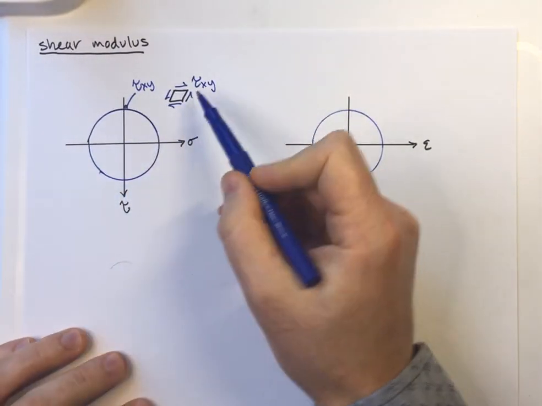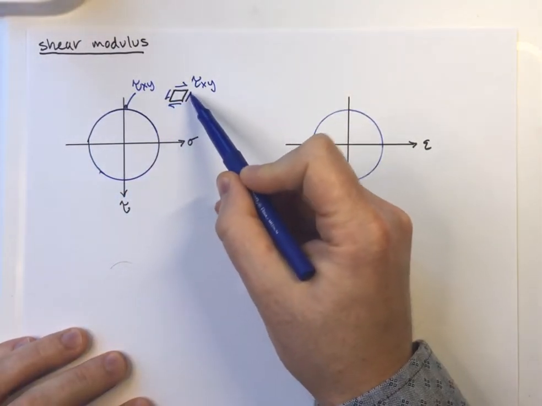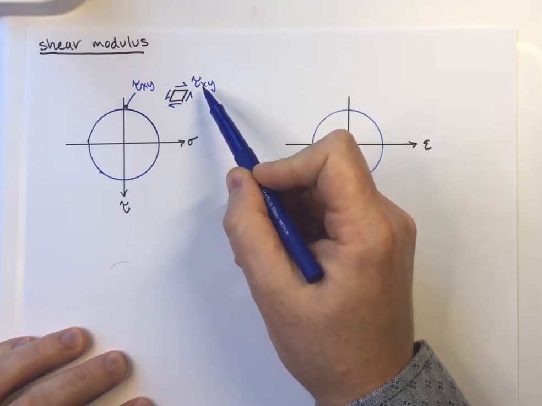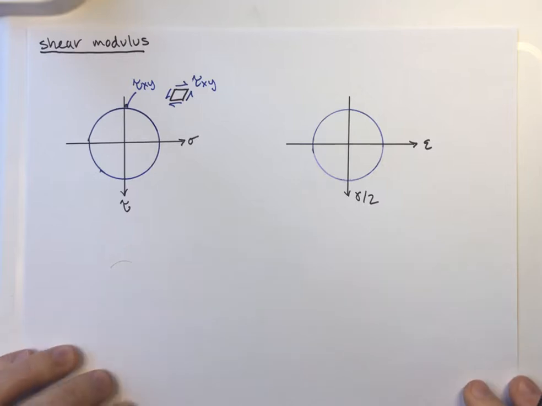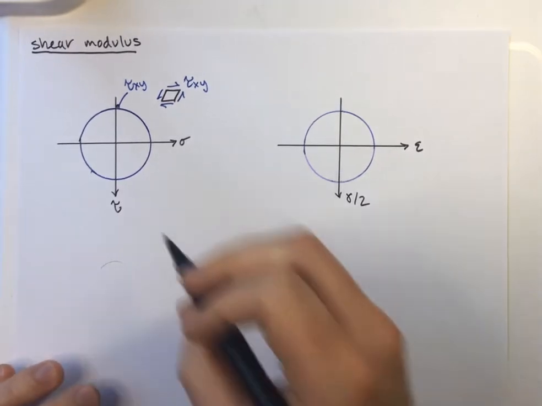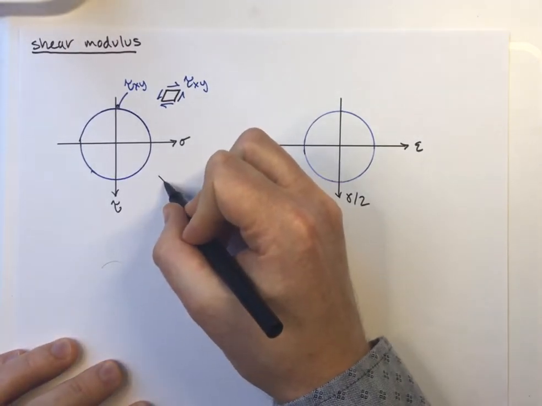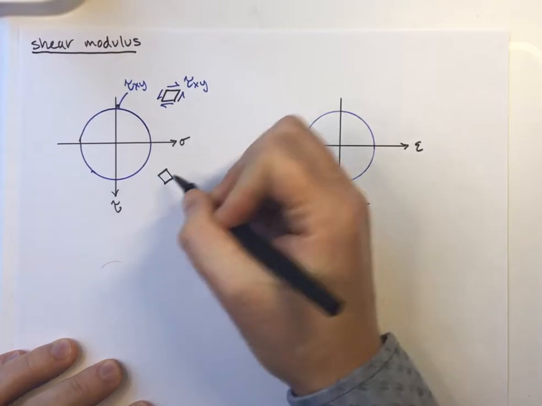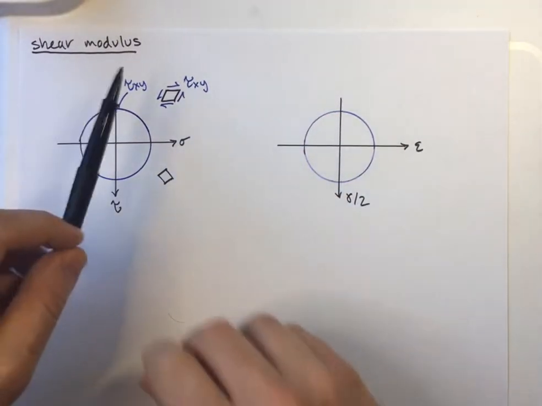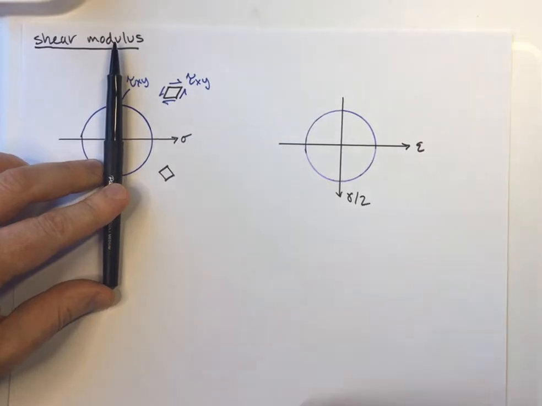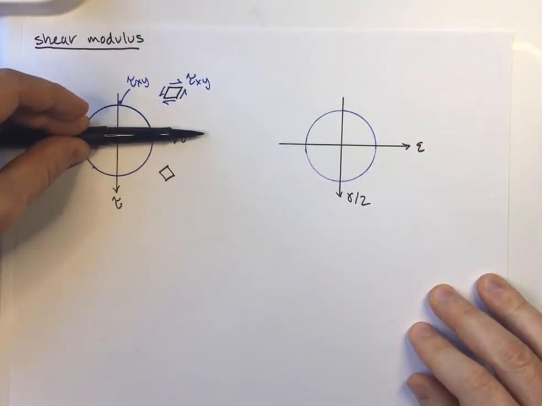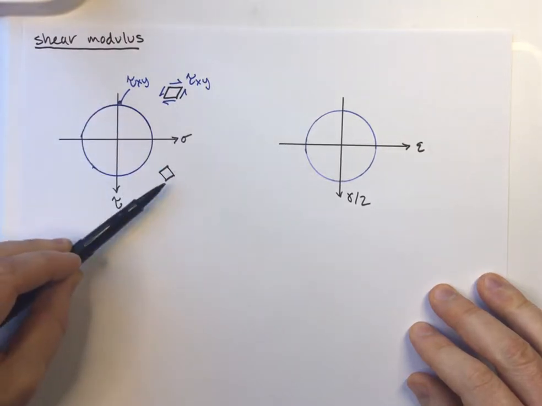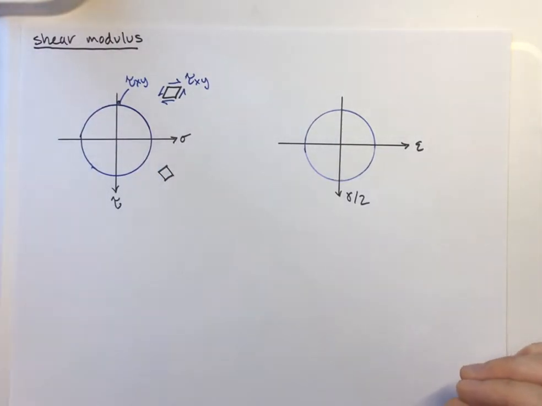And if we orient our square this way, we'll have a state of pure shear, right? Now that we've done all of this stress transformation, you know that you could also orient the square. I would have to take my original orientation and rotate it an angle of 90 degrees on the circle, which would be a 45-degree rotation on the square.